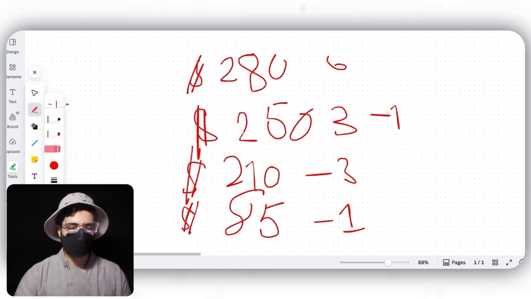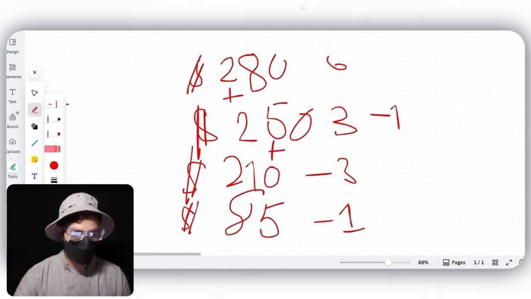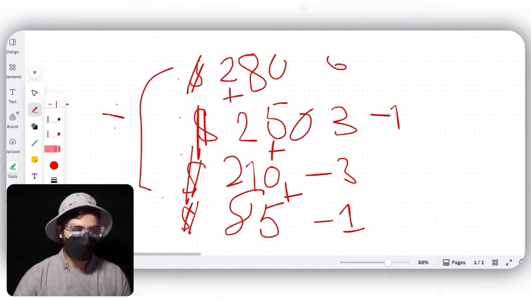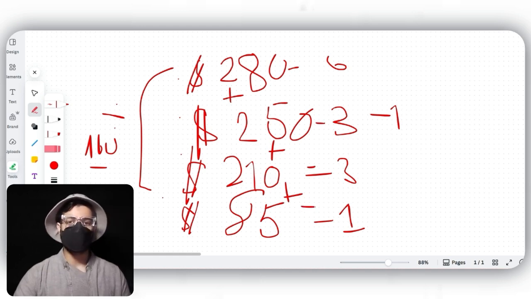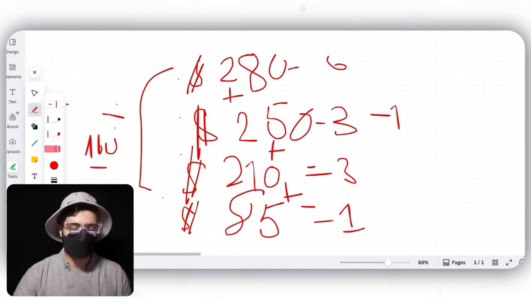Now we need the average order value, so we add up all the revenue and divide by 4, because there are four customers. The number that comes out is our average order value. It means the average person spends $160 to buy our supplements. That's the basic concept to get the average order value.